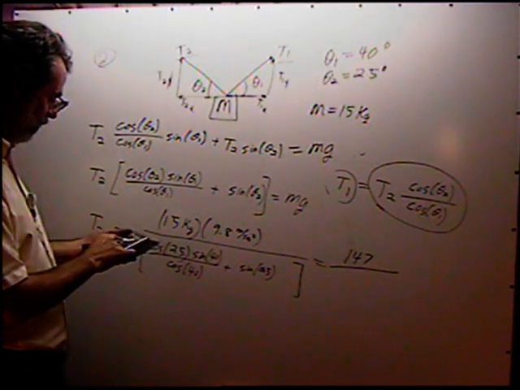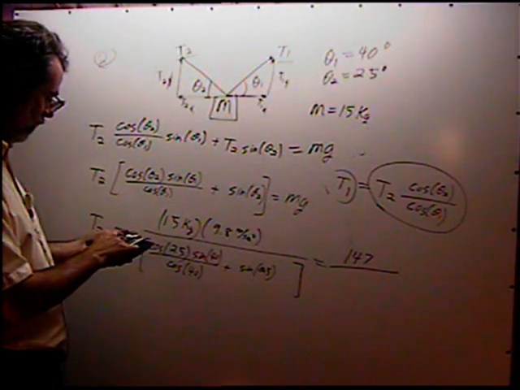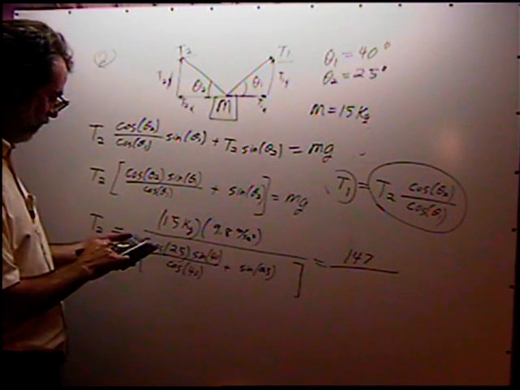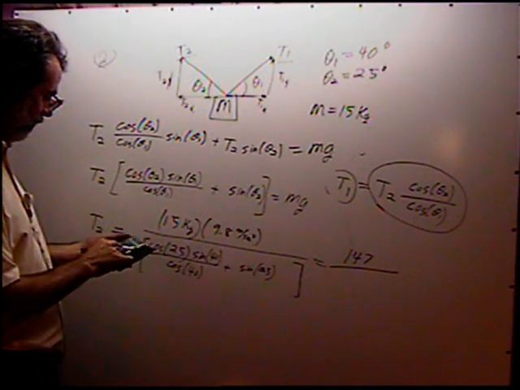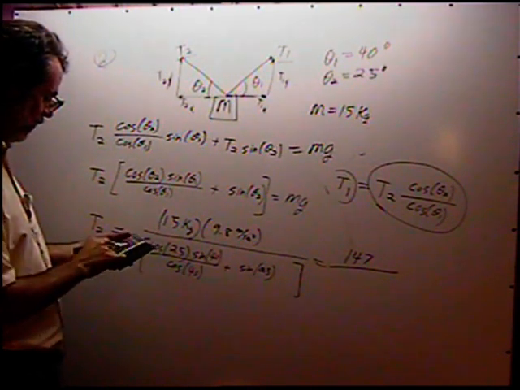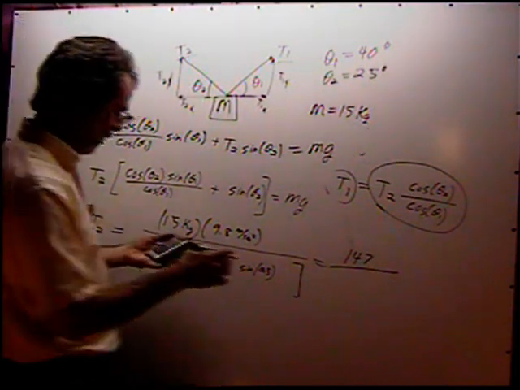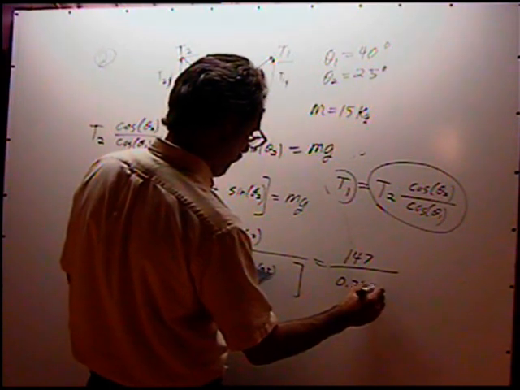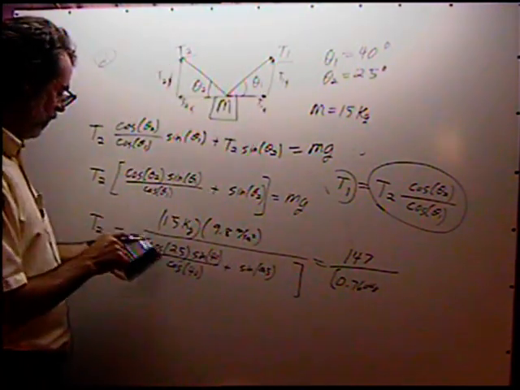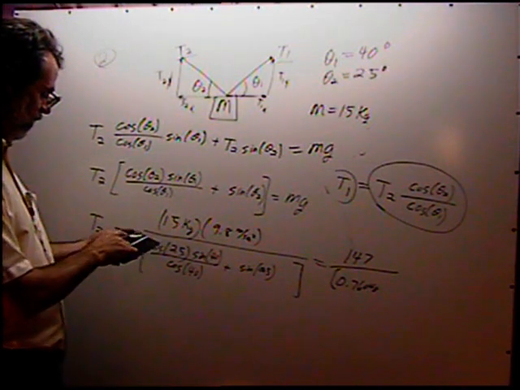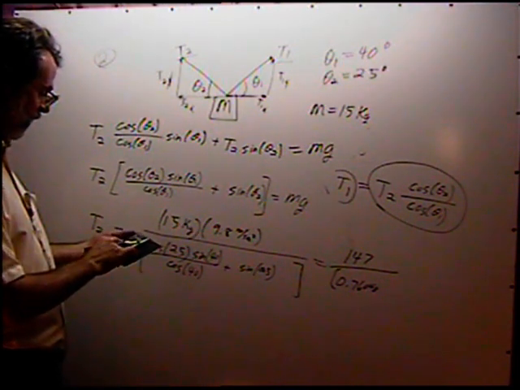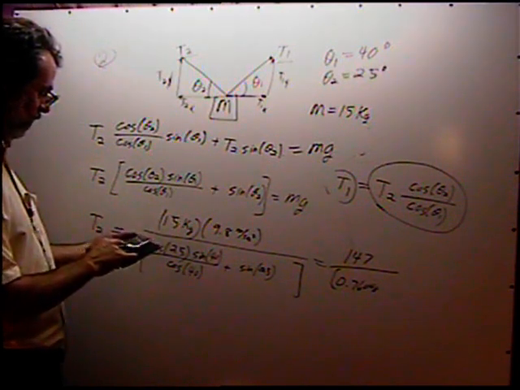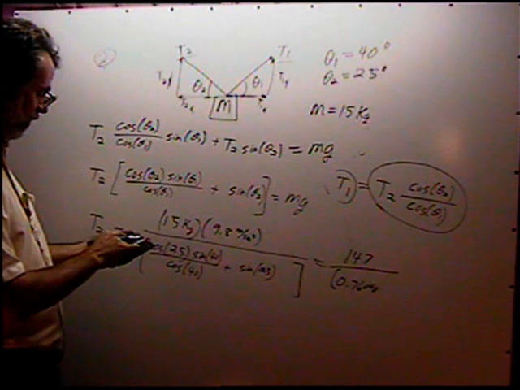Cosine of 25 times sine of 40 divided by the cosine of 40, and I get 0.76048. I better check that. Let me check that one more time. Cosine of 25 times the sine of 40, divided by the cosine of 40.